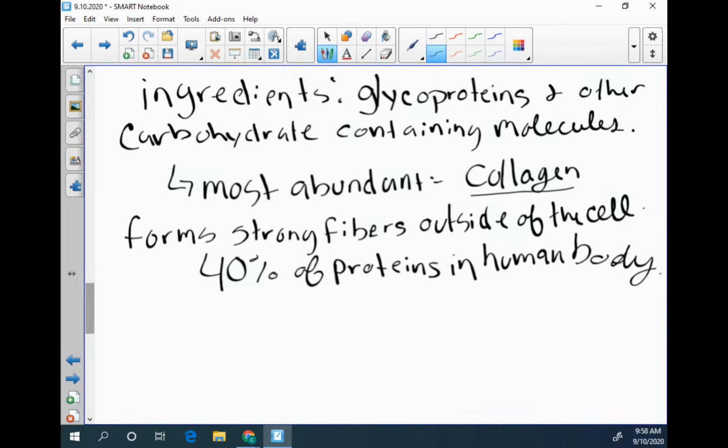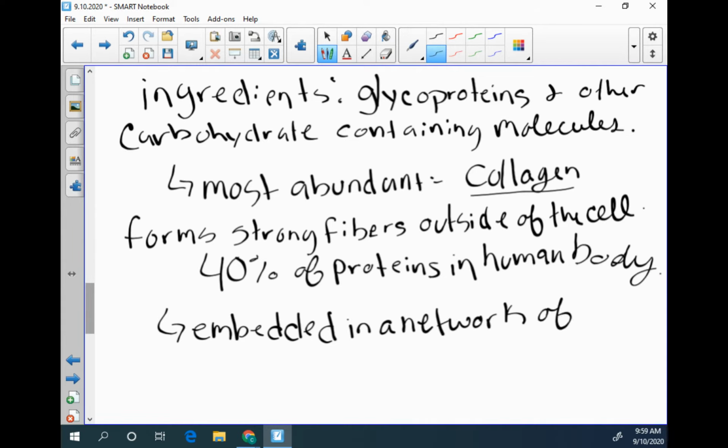They are fibers embedded in a network of proteoglycans.